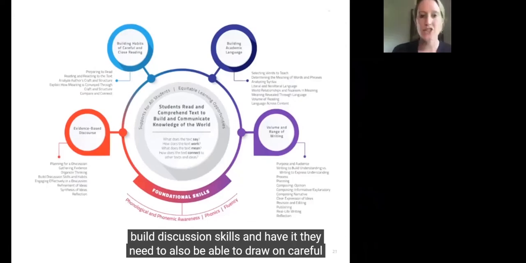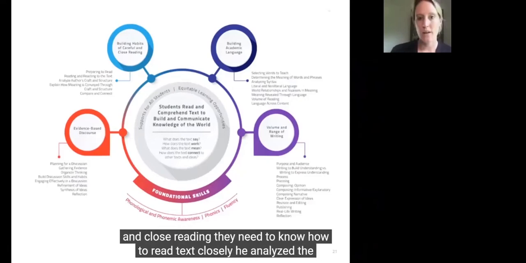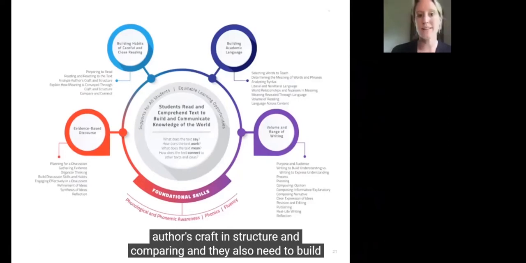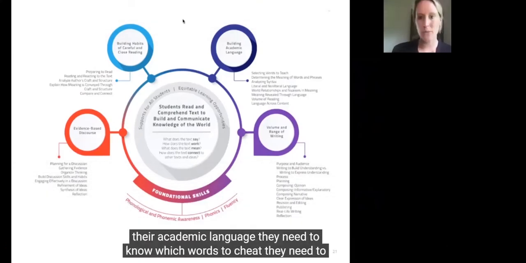They need to also be able to draw on careful and close reading. They need to know how to read a text closely and analyze the author's craft and structure and compare and connect.